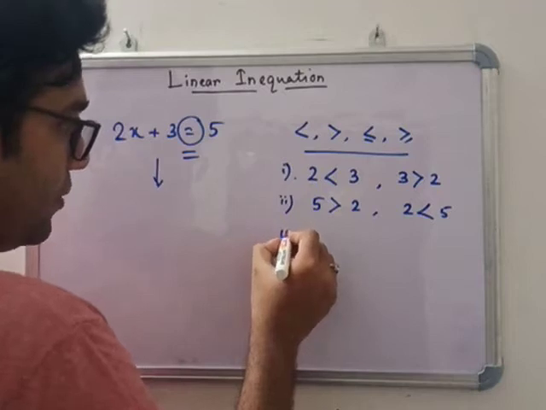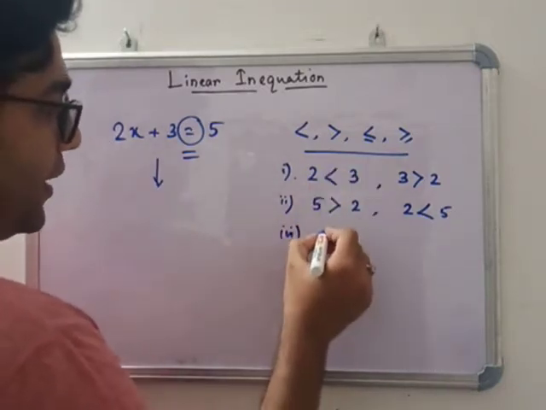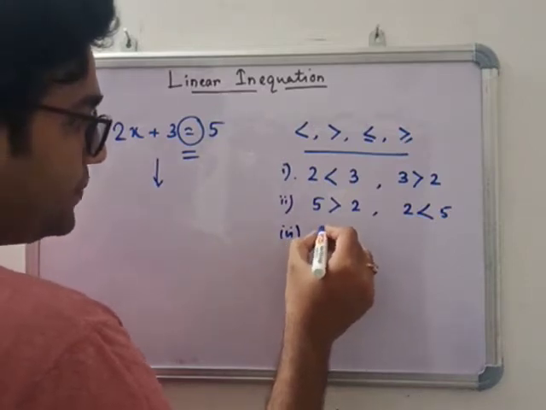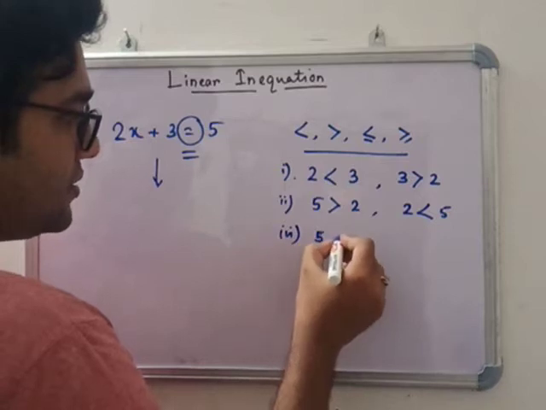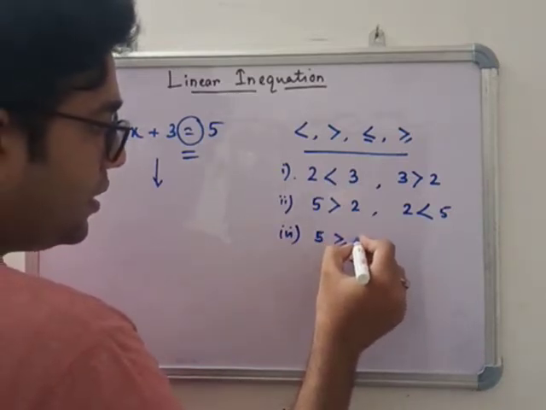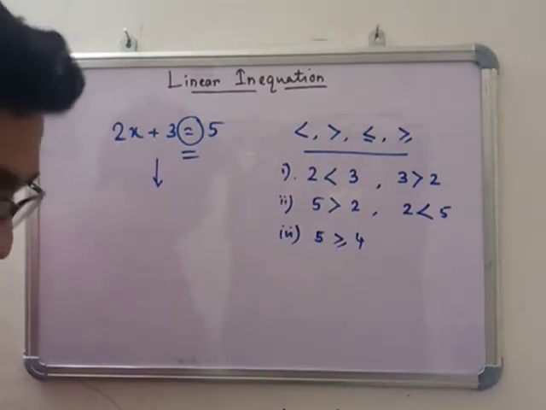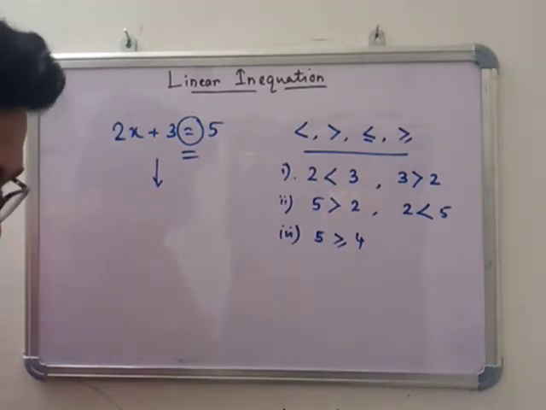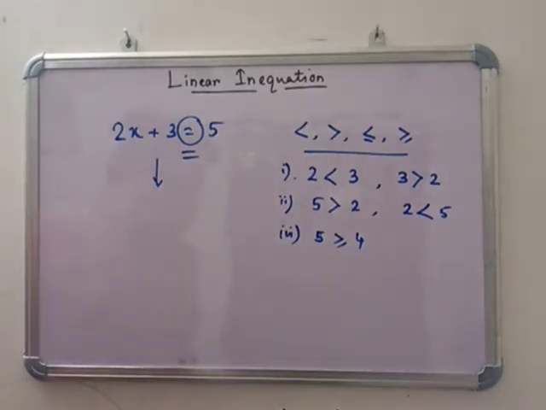Now in number 3, we can write 5 is greater than or equal to 4. That means the value of 5 is 4 or greater than 4.